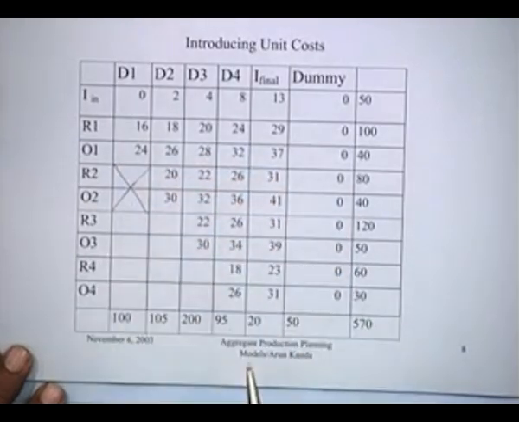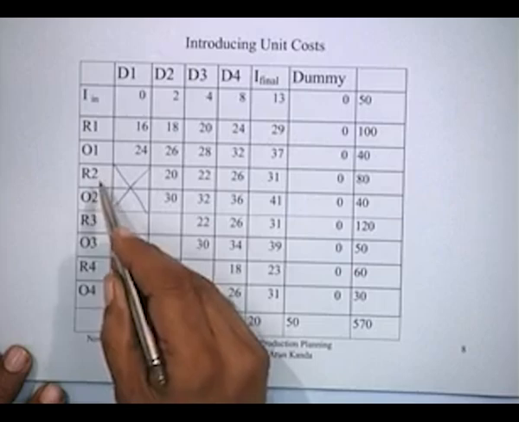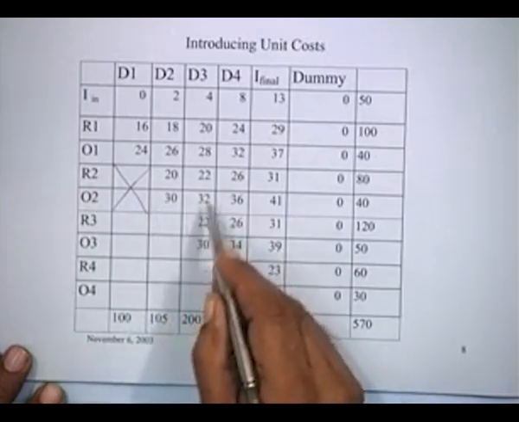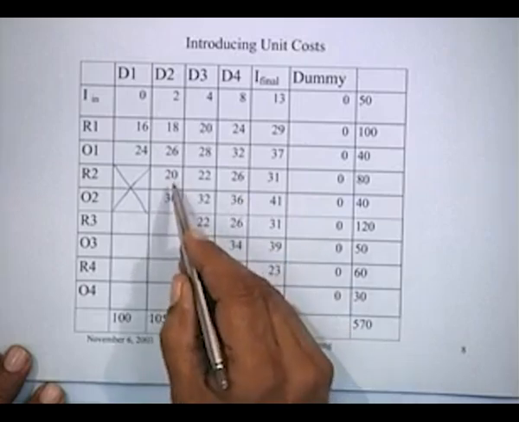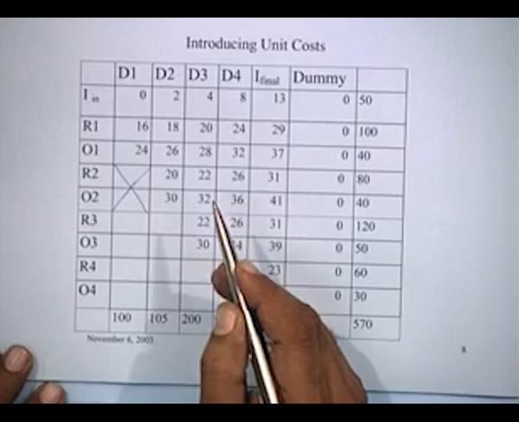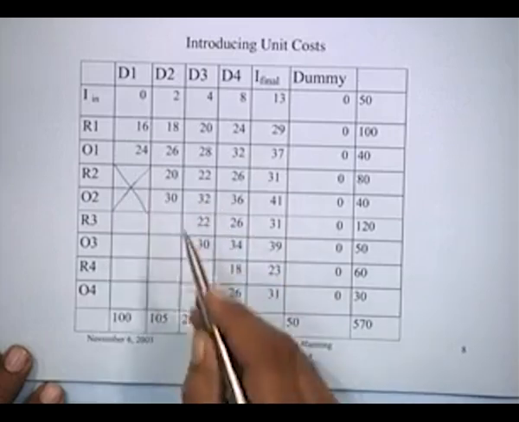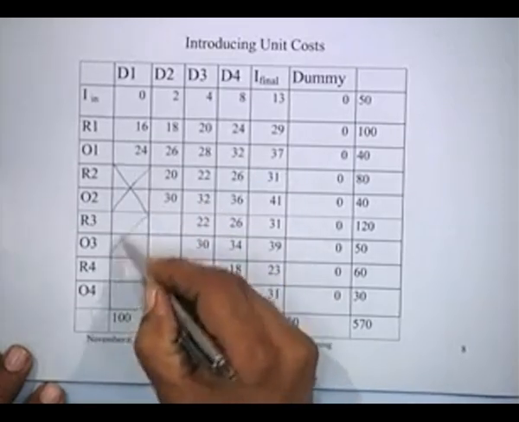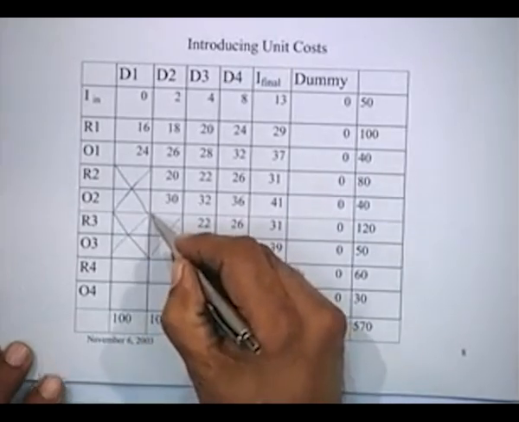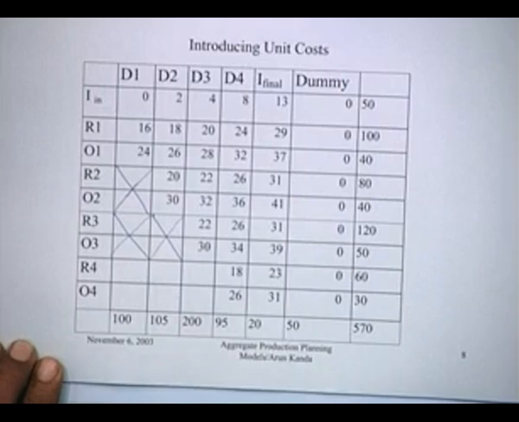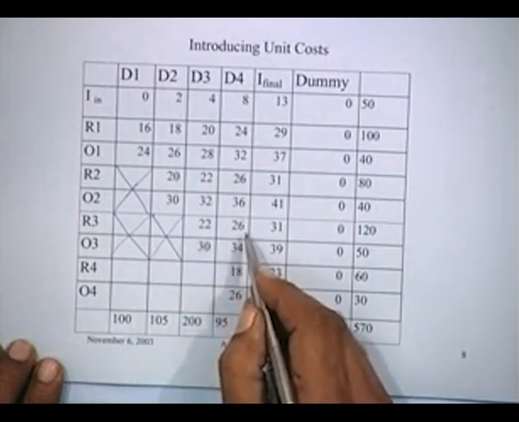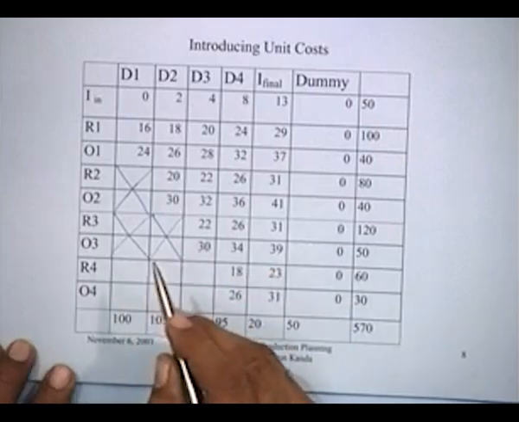Because what it implies is that if you produce in the second period, you can satisfy the demand for the second period, third period, fourth period, but you cannot satisfy the demand of the first period with the production of the second period, right? So that's why this particular block will be empty. Similarly, these two blocks will be empty here, because production in the third period can satisfy the demand in the third period and the fourth period, but not in the second and the first period.